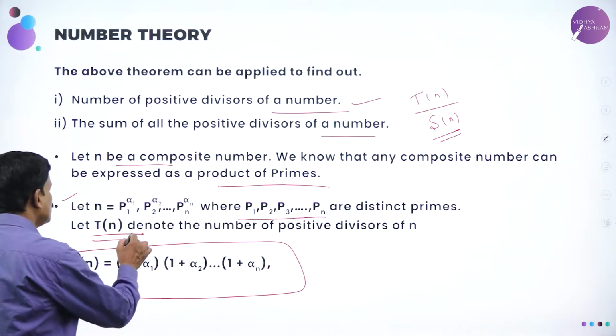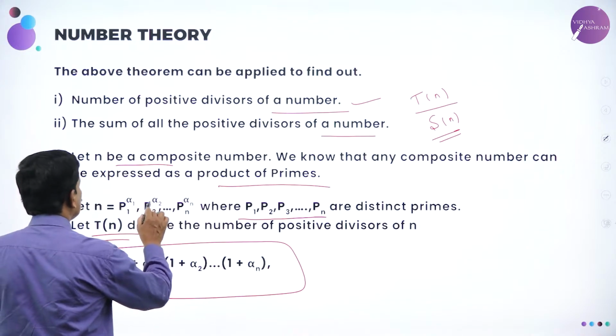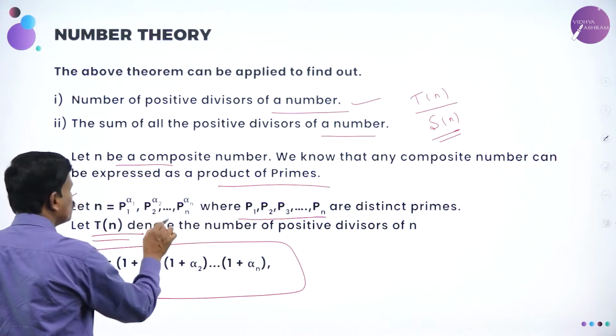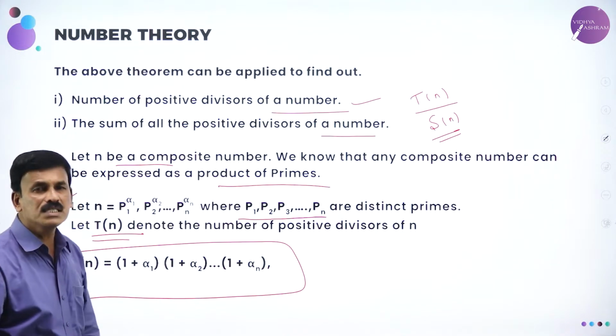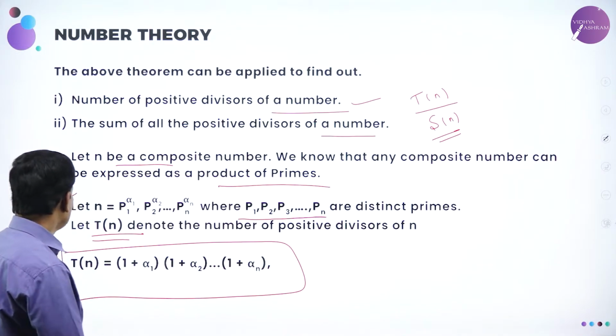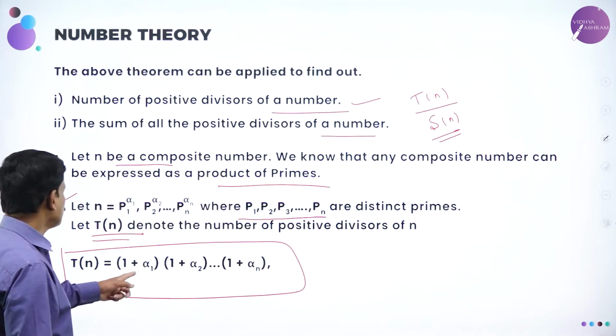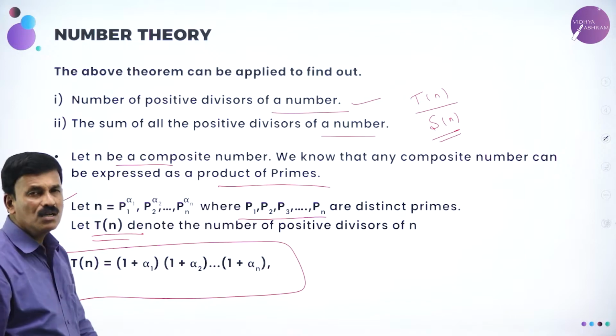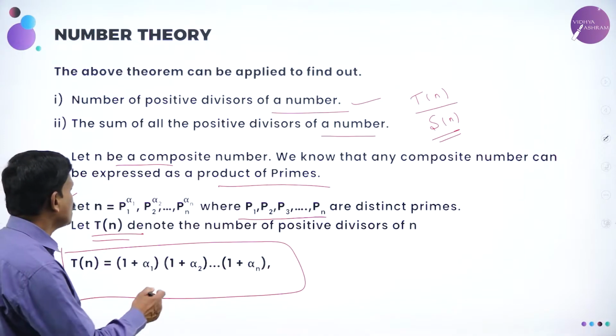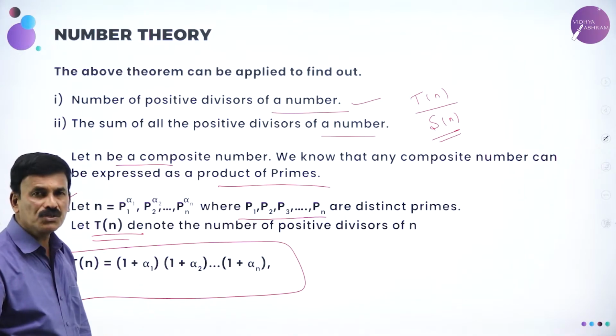Here alpha 1, alpha 2, alpha 3 are the powers, and p1, p2, p3 are the bases. The bases are all distinct prime numbers. We consider the powers: 1 plus alpha 1 into 1 plus alpha 2 into 1 plus alpha 3 etc., 1 plus alpha n, and the product gives the number of positive divisors.